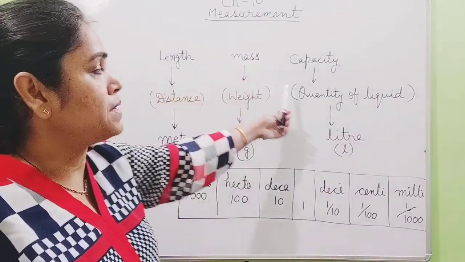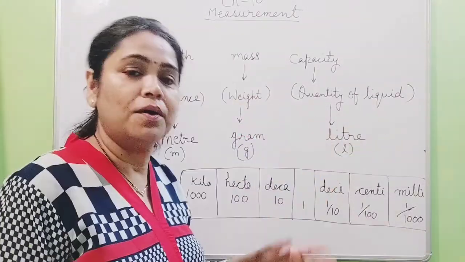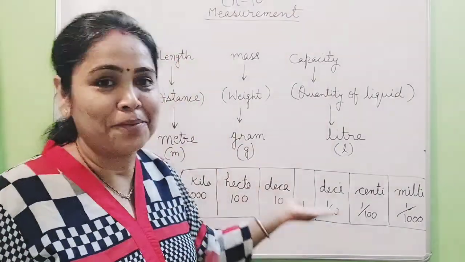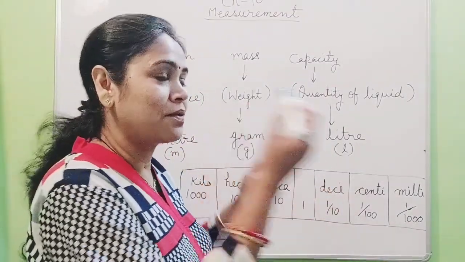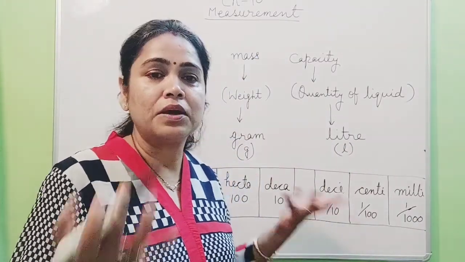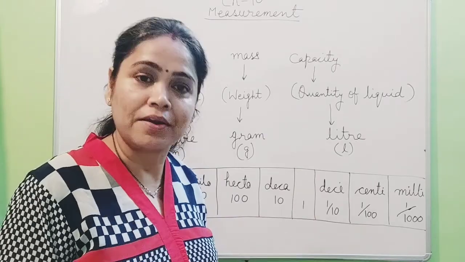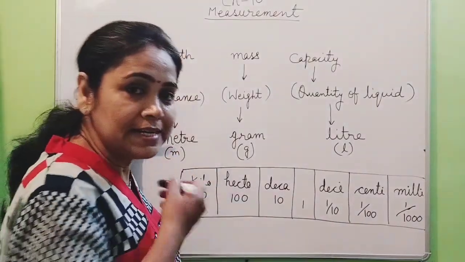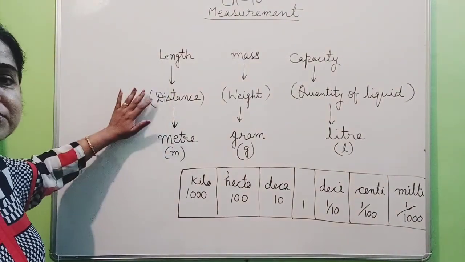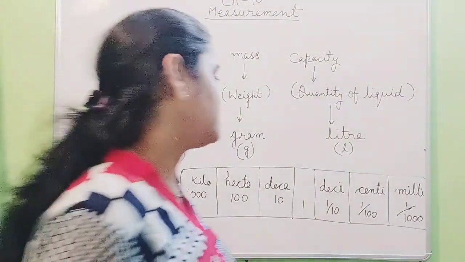Capacity is used to measure the quantity of liquid in anything, like your cold drink. Mass is the weight of your mother, father, your copy, your toy, your cycle, whatever it is, how heavy it is. And length is actually distance. So using length we are measuring distance. These are the basic things.